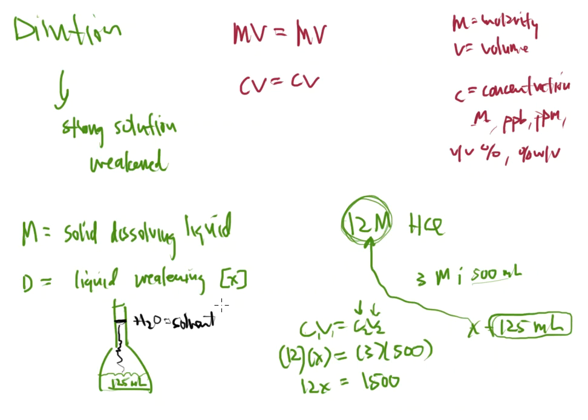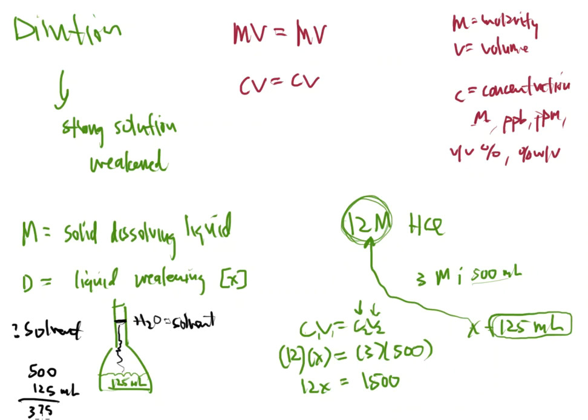Now you got to pay attention to how these questions are stated. So some of the questions will say, how many milliliters of the original solution do you need to use? So 125 mils, right? To make a total of 500. So another part of these questions could be, well, how much solvent do you need, right? If you have 125 mils of acid that you're using here, and you need a total of 500, then I just subtract these two things, right?